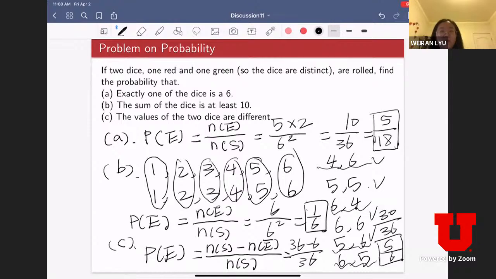Yeah, then the probability should be less. And there should be fewer total outcomes, because we do not count 4, 6 and 6, 4 as different.